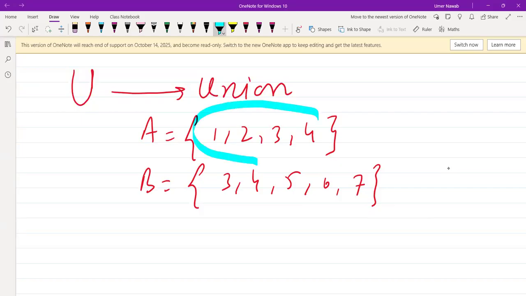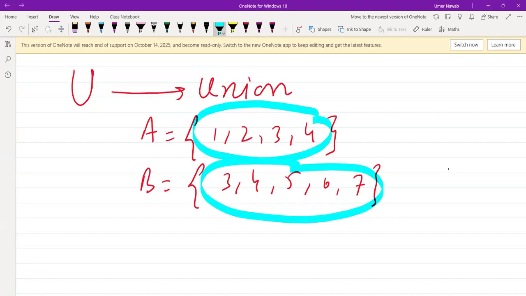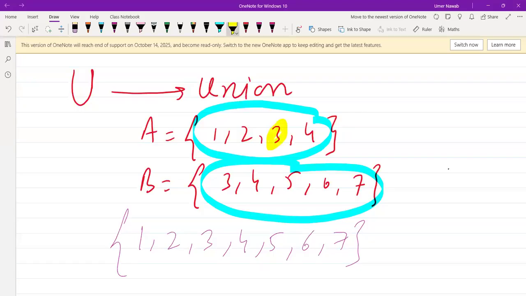Rather, I will copy all the elements of both sets. But keep in mind, if 3 is repeated twice, you are not allowed to write any element more than one time. Also in sets, order is not important. So 4 was seen twice, but we wrote it only one time.